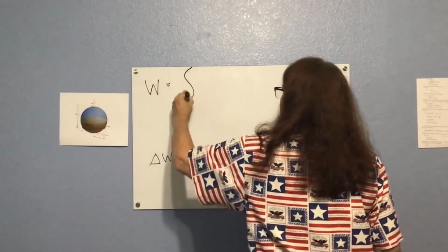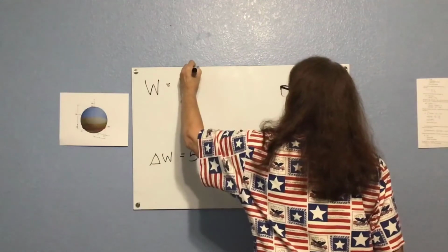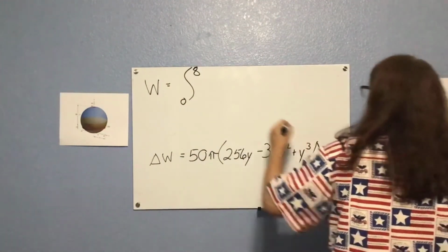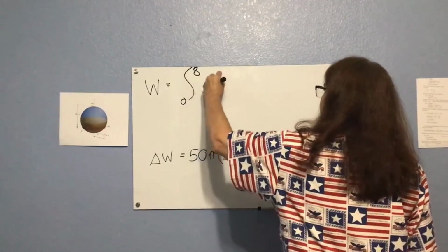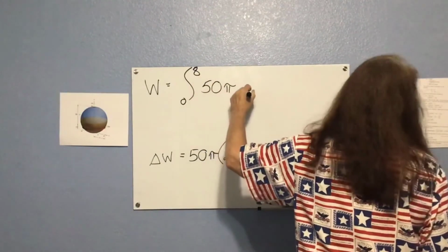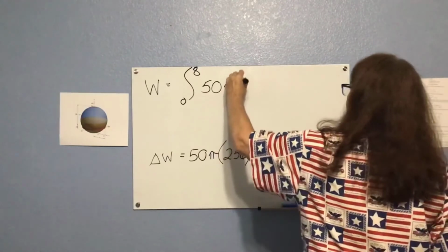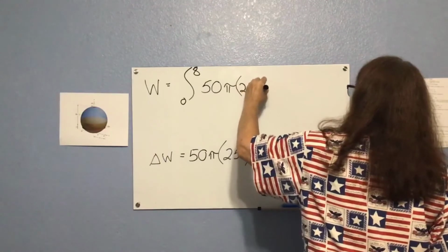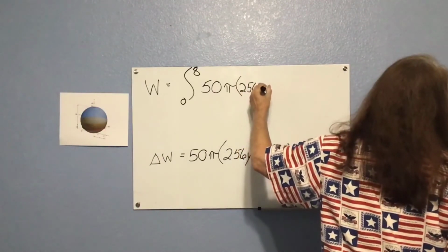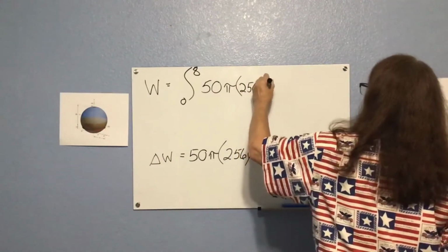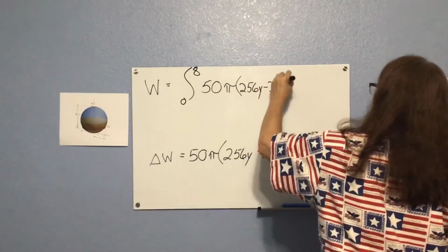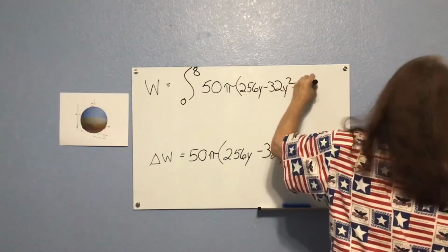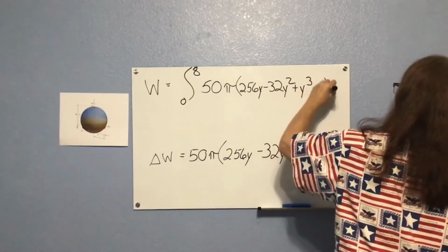Work is equal to the integral from 0 to 8 feet of 50 pi times 256y minus 32y squared plus y cubed dy.